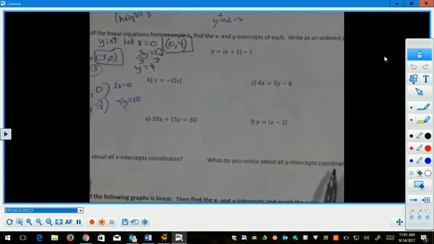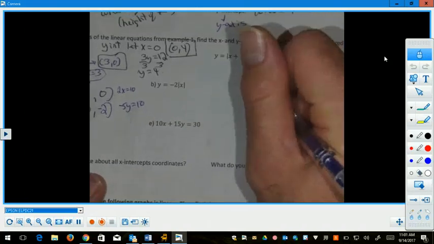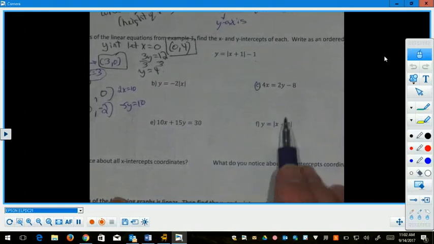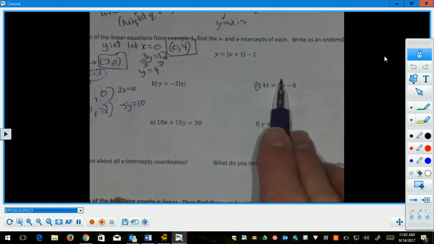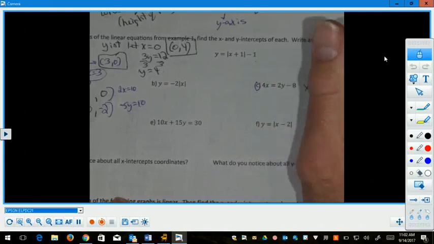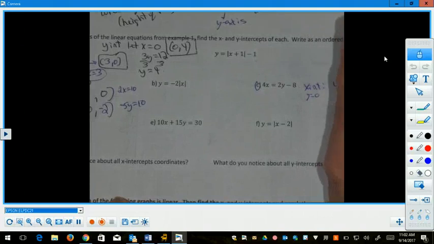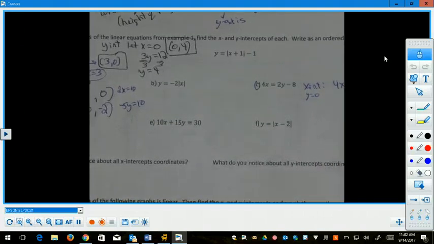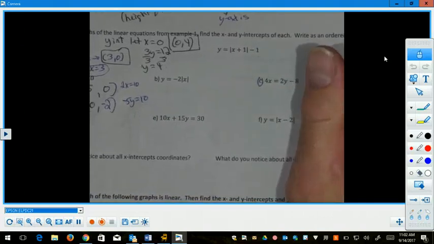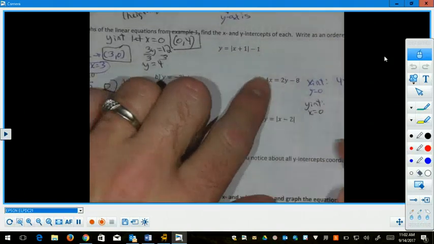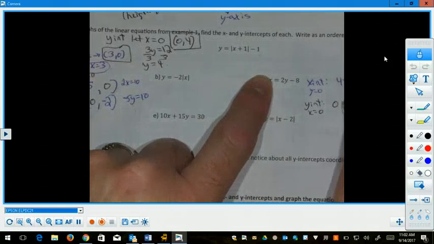Now, is that going to work out so nicely for letter C? No, I mean it will for the x-intercept, right? Because for my x-intercept, when y equals 0, I'd have 4x equals -8. So that's not so bad. For my y-intercept, where x equals 0, I'd have this equation, 0 equals 2y minus 8.